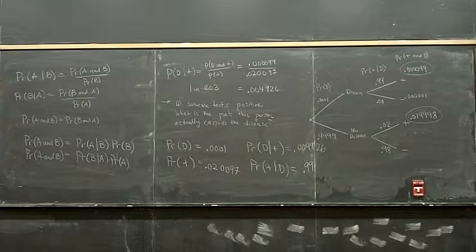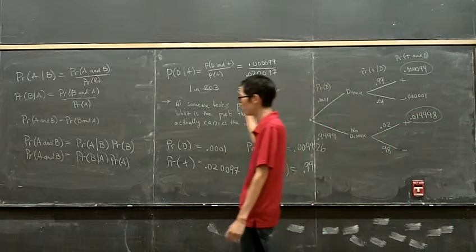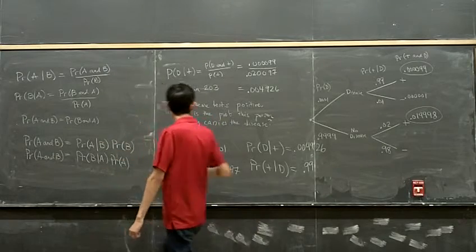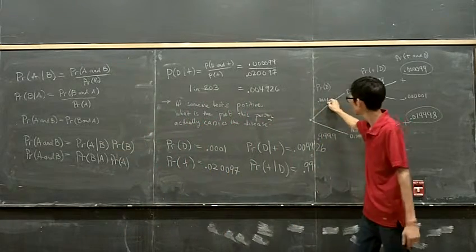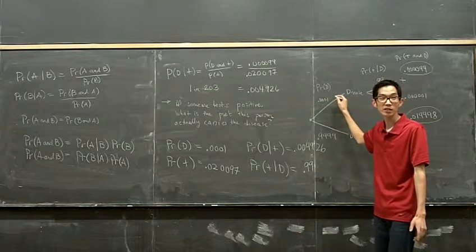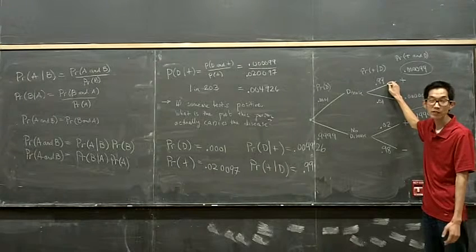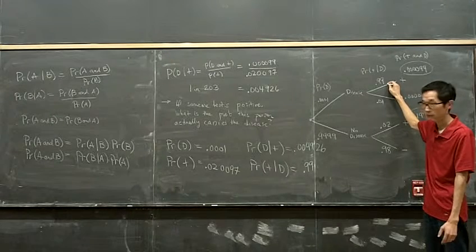Can you go through that one more time? Okay. I'm just illustrating what we did over here. The probability of disease is 0.000, whatever, 3 zeros and a 1. The probability that someone tests positive given they have the disease is 0.99.